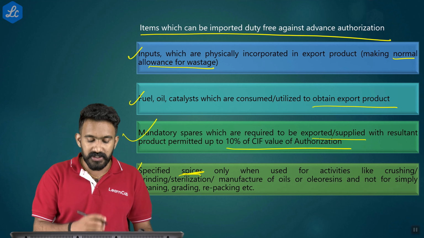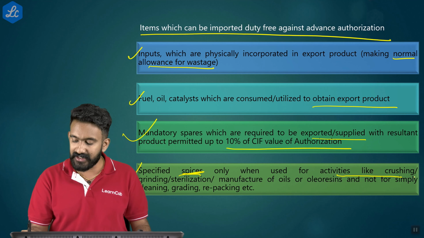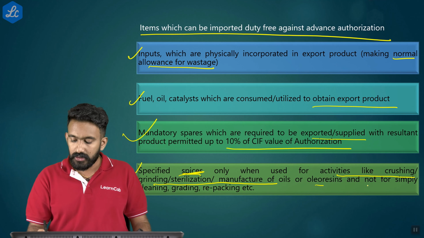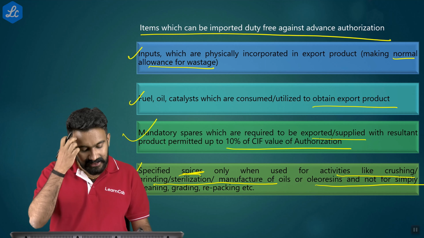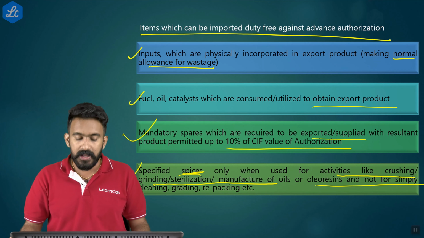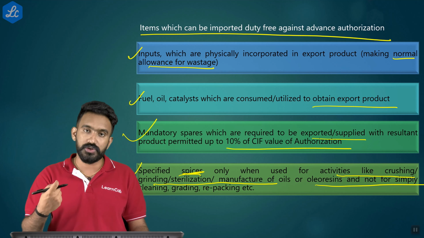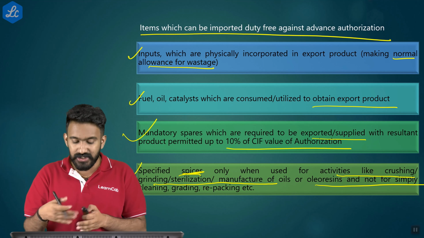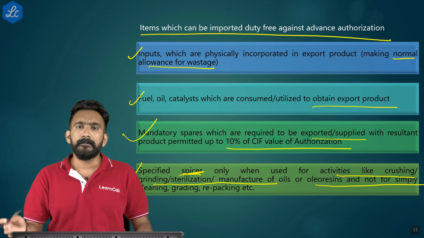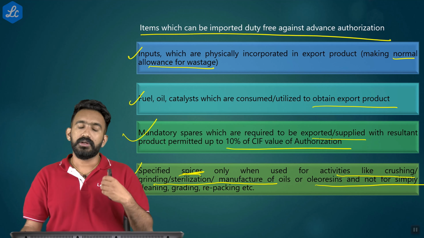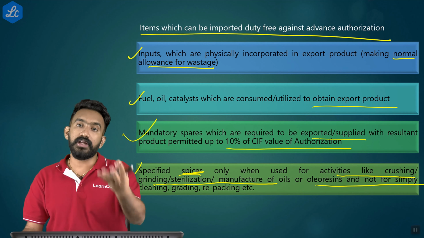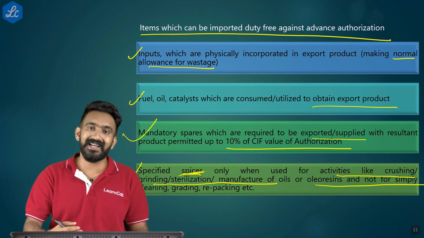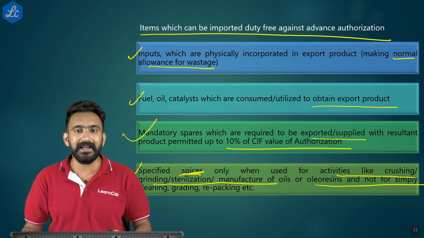So specific spices only when used for activities like crushing, grinding, sterilizing, manufacture of oils, and not for simply cleaning, grading, etc. Only when you are actually doing an activity over those spices other than just cleaning and then exporting, then you can do a duty-free import. These are the 4 types of inputs that are allowed to be imported without paying any duty.